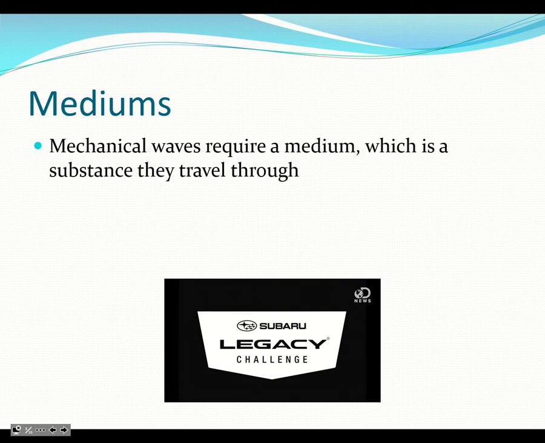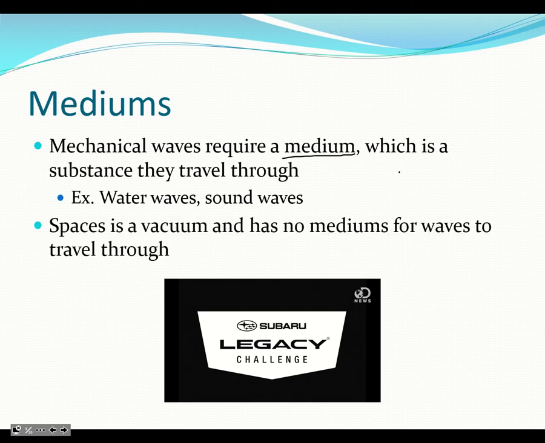So mechanical waves, which are things like water waves, sound waves, they require a medium. And a medium is the substance that they travel through. So light waves, EMR, they travel through space. And space is basically nothingness. There's nothing in space, it's a vacuum. So there's no medium for the wave to travel through.